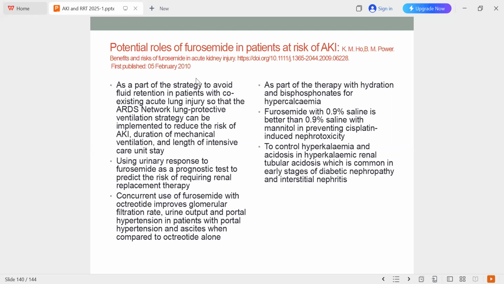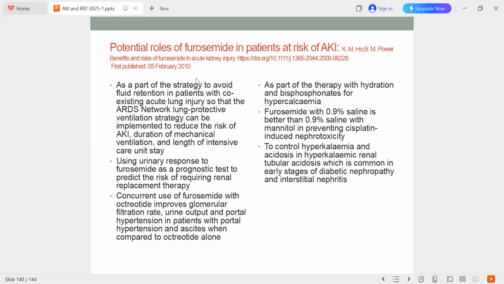And urinary response to furosemide acted as a prognostic test to predict the risk of requiring renal replacement therapy. Also, it was found that concurrent use of furosemide with albumin improves glomerular filtration rate, urine output, and portal hypertension in patients with portal hypertension and ascites.